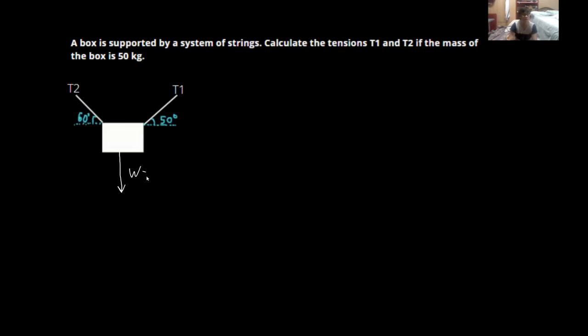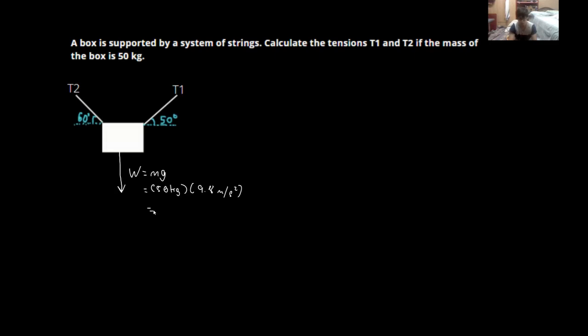So, weight is equals to mass times the gravity. So, yung mass mo ay 50 kilogram times yung gravity which is 9.8 meter per second square. Gravity dito sa Earth, alright?